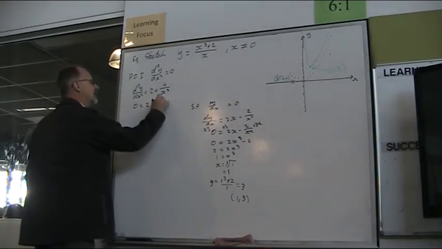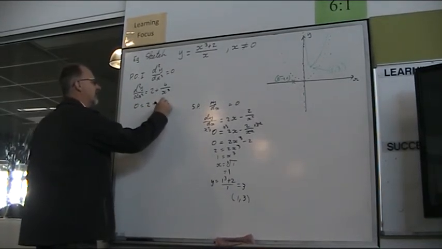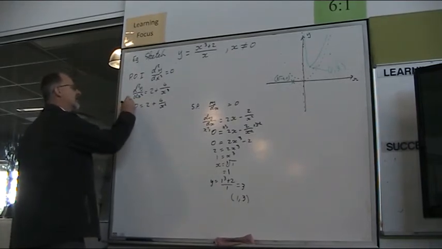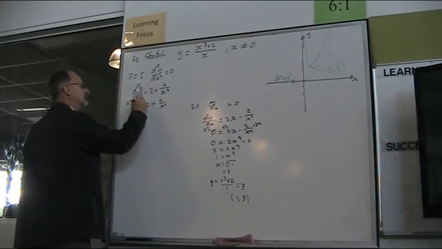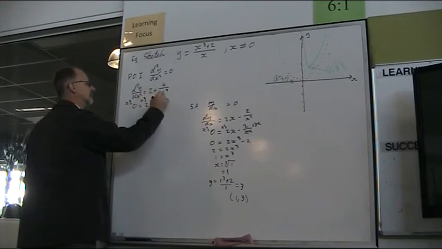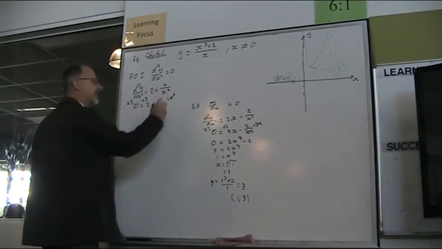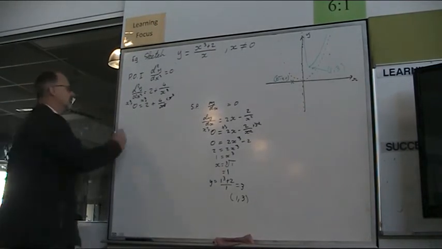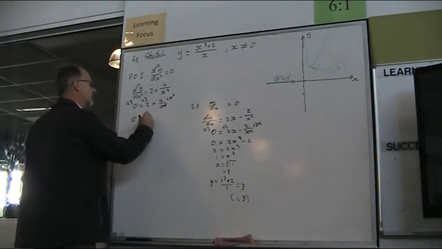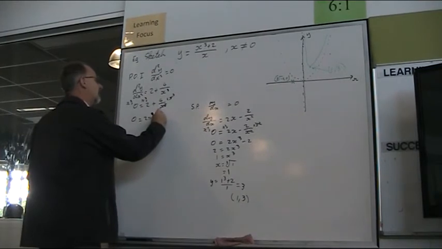We've got that x cubed down there, so if we use the same strategy, times everything by x cubed. They cancel. 0 equals 2x cubed plus 4.